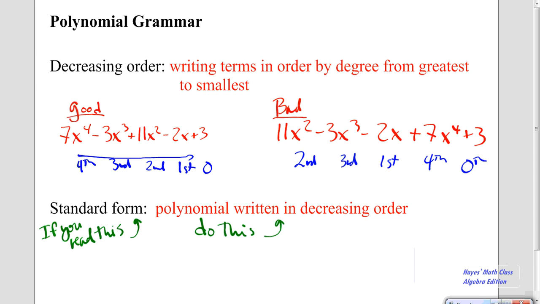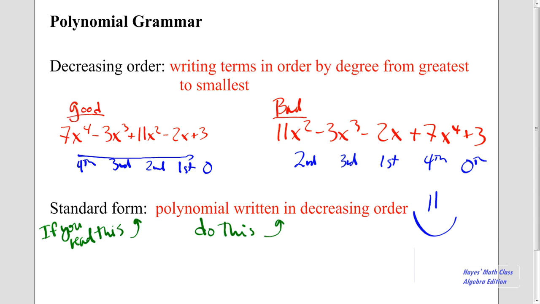Standard means it's the thing that everybody does. If there's a standard of care, it's what everybody expects to have happen. So with standard form, people are going to expect that you write the polynomial in order from biggest to smallest. Just do it. No savages in my math class. Smiley face.